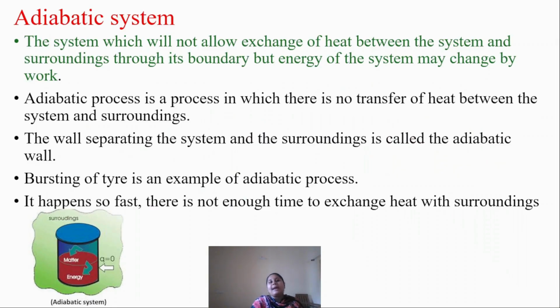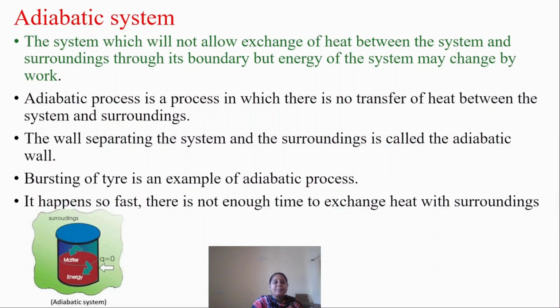The next is adiabatic system. The system which will not allow the exchange of heat between the system and surroundings within its boundary, but the energy of the system may change with the work, is called the adiabatic system. The adiabatic process is a process in which there is no transfer of heat between the system and the surrounding.